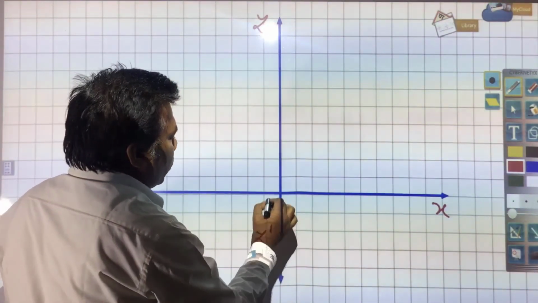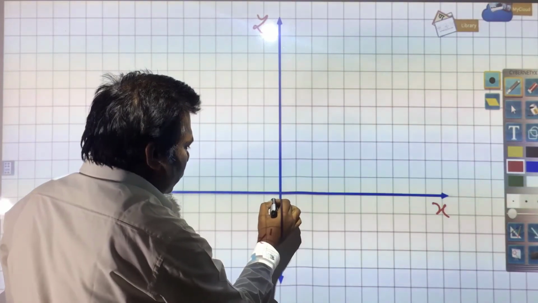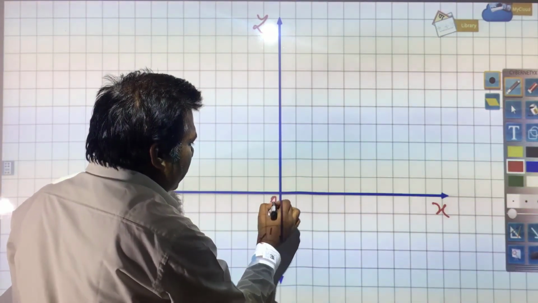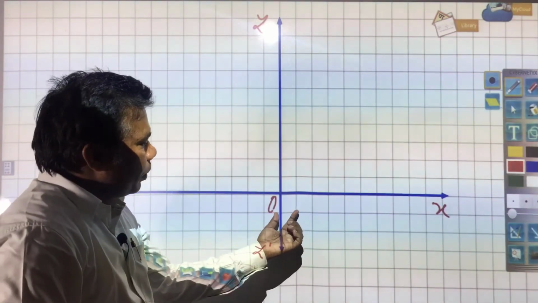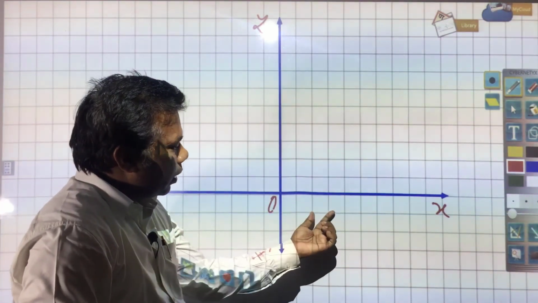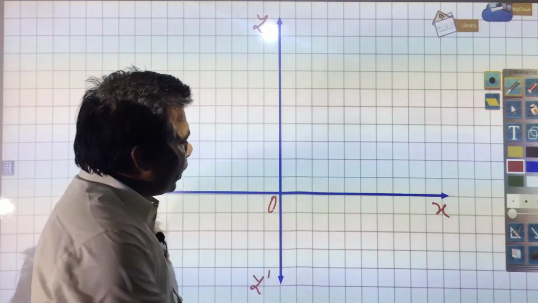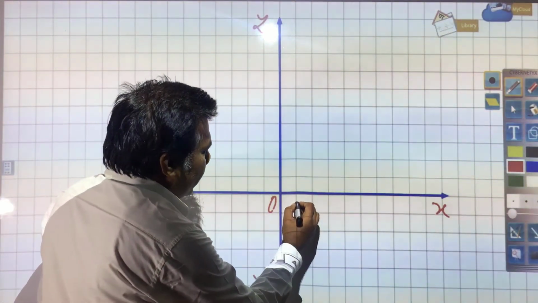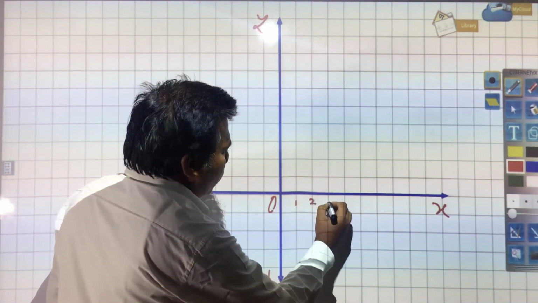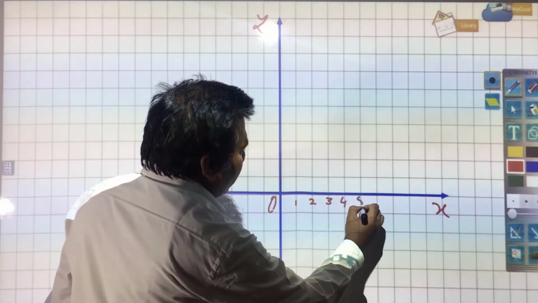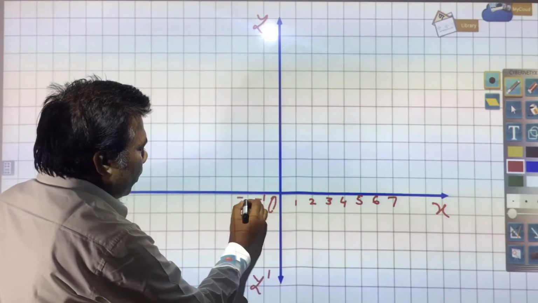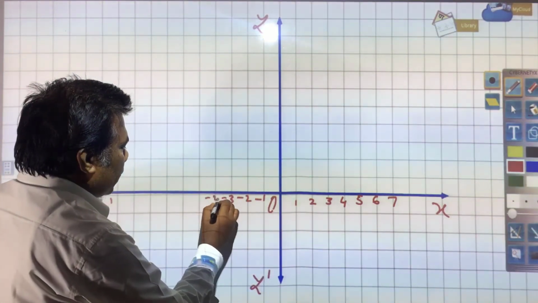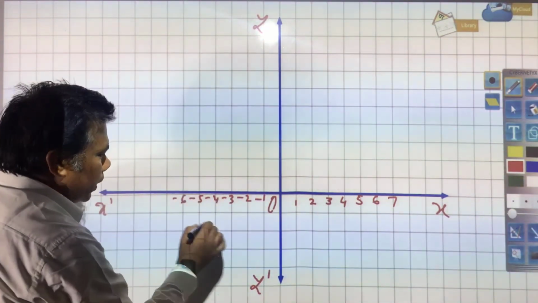Here you have 0, which if you name it, is O, and the values start with 0. You can see these bigger squares that you can assume as 1, 2, 3, 4, 5, 6, 7 and so on, and minus 1, minus 2, minus 3, minus 4, minus 5, minus 6 and so on.